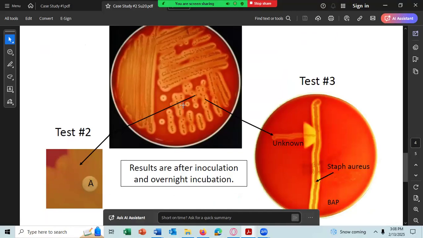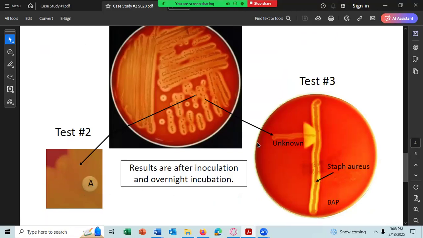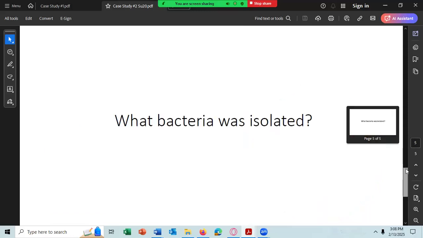And then they did a test 3 where they did the CAMP test, streaking the bacteria here. And as you can see, there is a CAMP result right there. So state the CAMP result and then look on the dichotomous key to determine what bacteria was isolated.